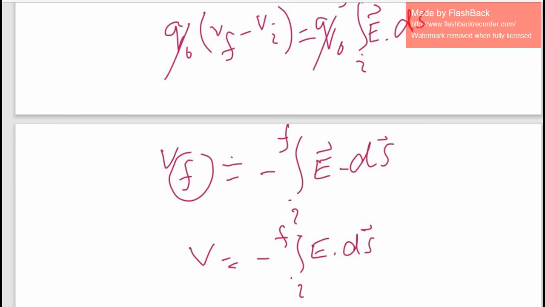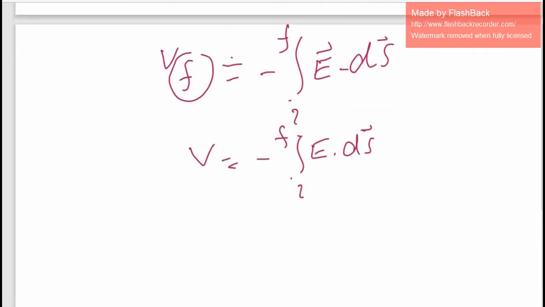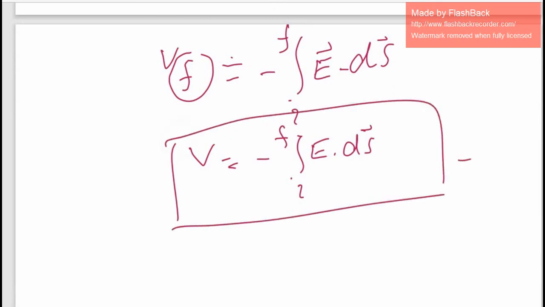So the final potential is V is equal to minus the integral from I to F of E dot ds, which gives us the potential V at any point F relative to the zero potential at infinity. So we have to remember this equation for the next topic.